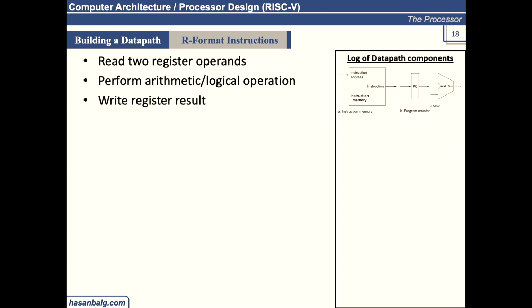R-type instruction, yes? We should be using the ALU for performing addition. But where do you get the contents on which we need to perform the addition from? From the immediate? No. Hold on.